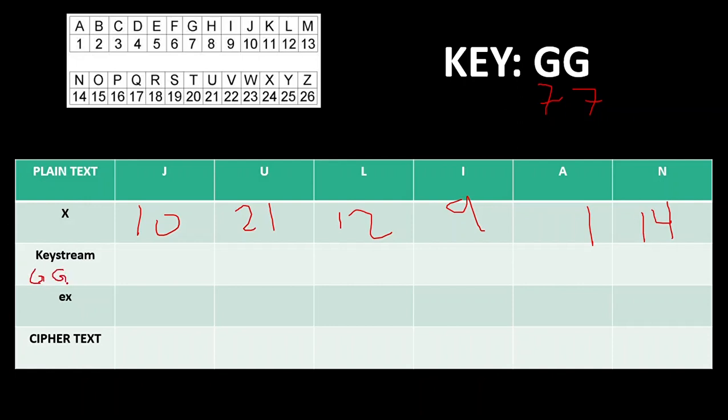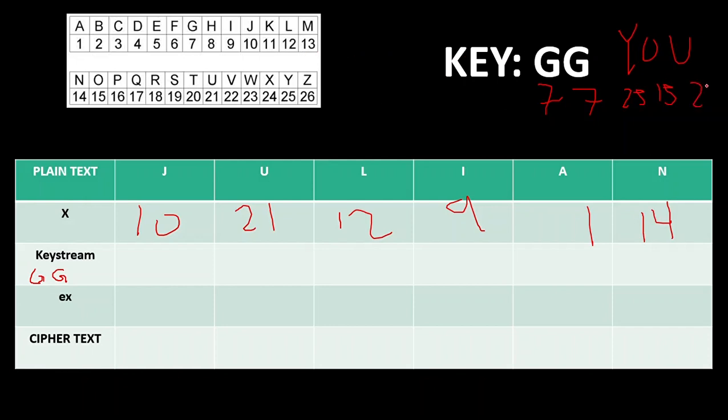Now, excuse me. The key stream refers to GG. And GG, you can basically just repeat it. If the key was, for example, U, O, U, then let's convert them. It's 25, O is 15, U is 21, I believe.